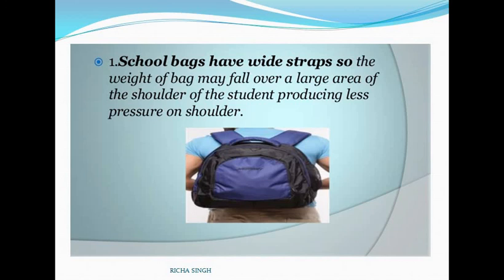It will distribute the pressure equally and it will be easy for you to carry. If you take a bag which is very heavy and it has a sling type of strap, a very thin strap, then you will find difficulty in holding it on your shoulder. Why? Because there the area is less. The area being less will cause an increase in the pressure.